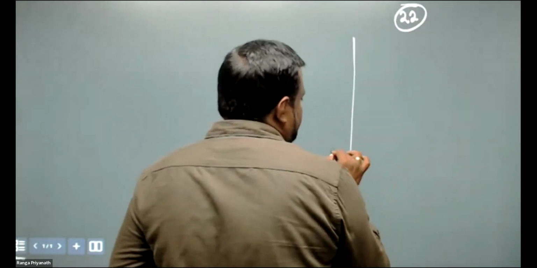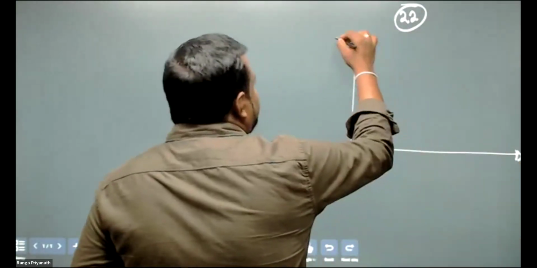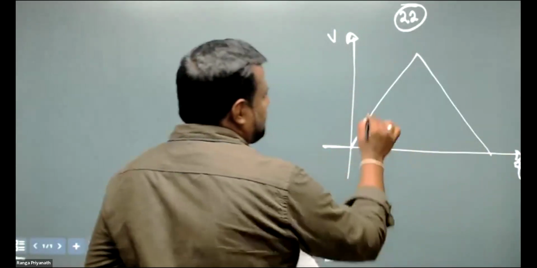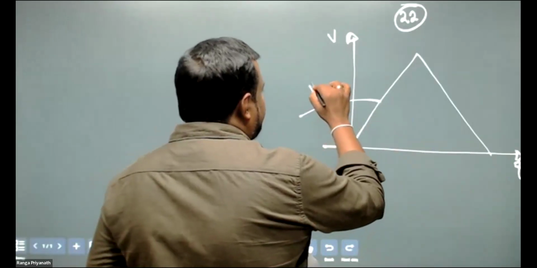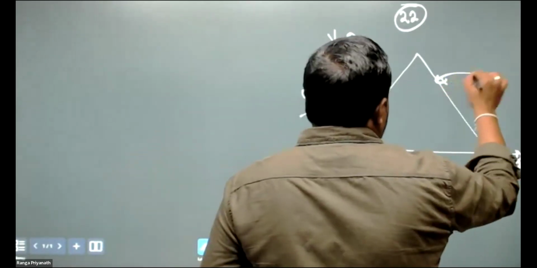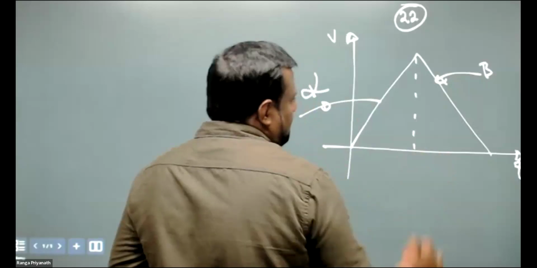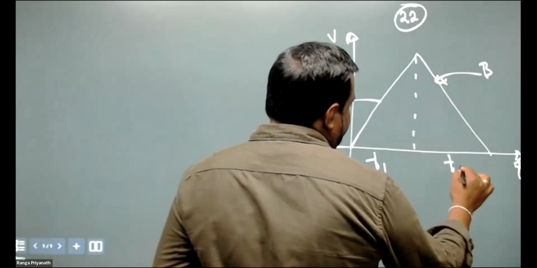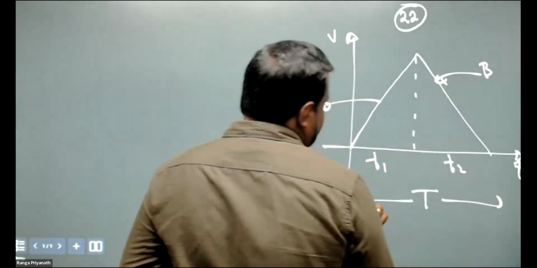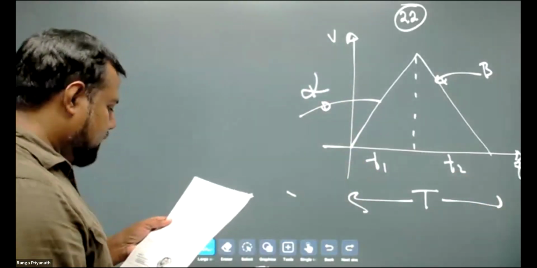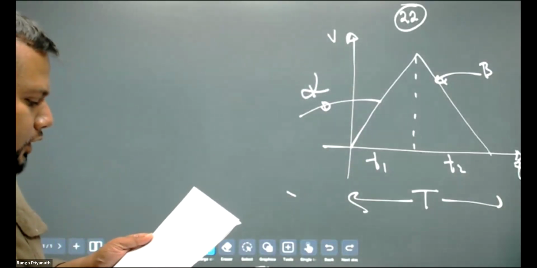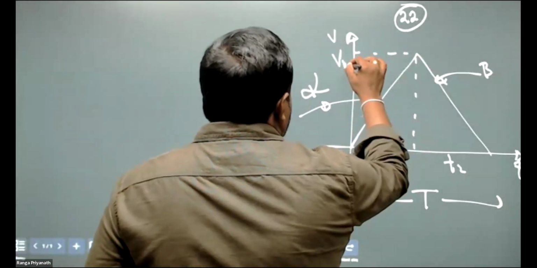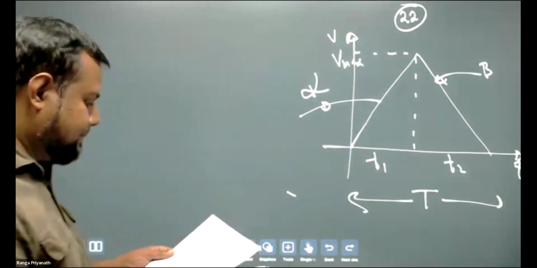I'll be using a velocity-time curve for this. This acceleration is alpha, this retardation is beta. The total time is capital T. I will take this as T1 and this as T2. The correct statement for the maximum velocity attained by the car, Vmax.